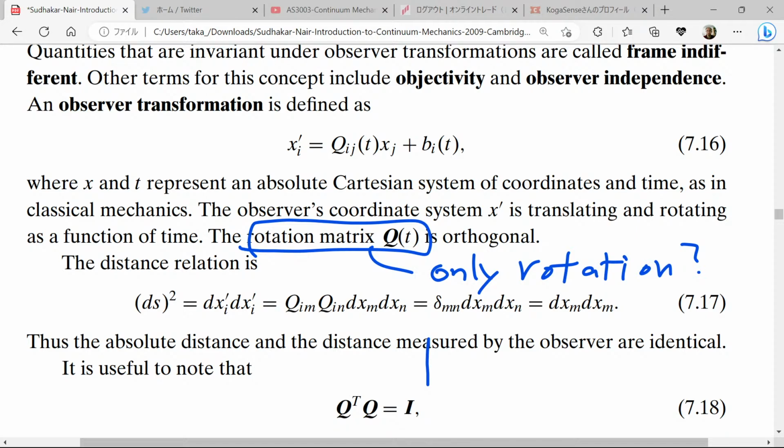I think this is like this. t is fixed, right? Rotation.